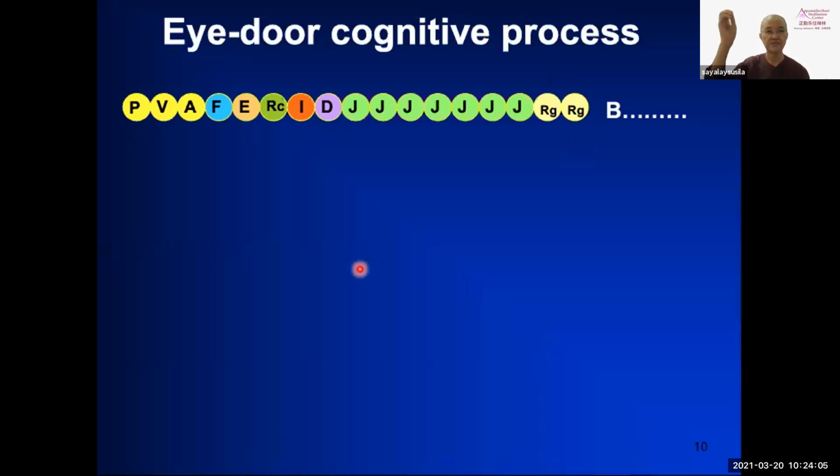Now the visible form. Visible form is rupa, material. Materiality lasts for its lifespan.